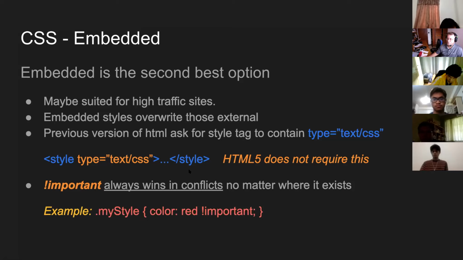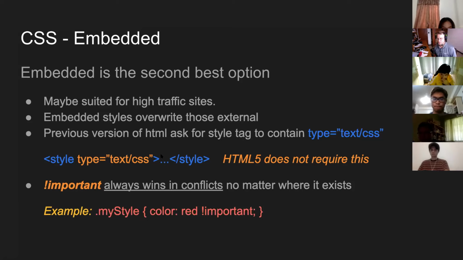The previous version of HTML, before HTML5, would ask you to specify a type in the style. That's still a good idea, but HTML5 does not require this. Previously, you had to specify the style tag with an attribute type saying it's text/css.